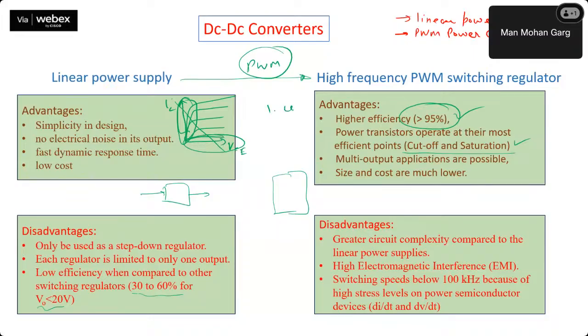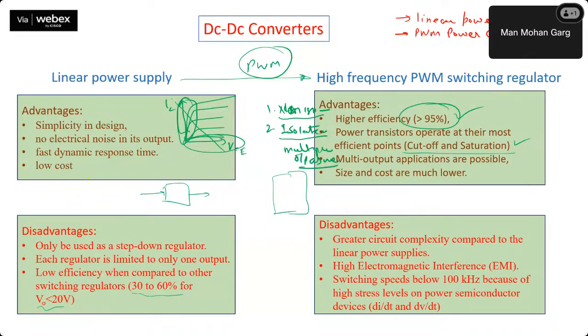One is non-isolated, another is isolated, right? In the isolated version of the PWM converter, we can have multiple outputs as well.